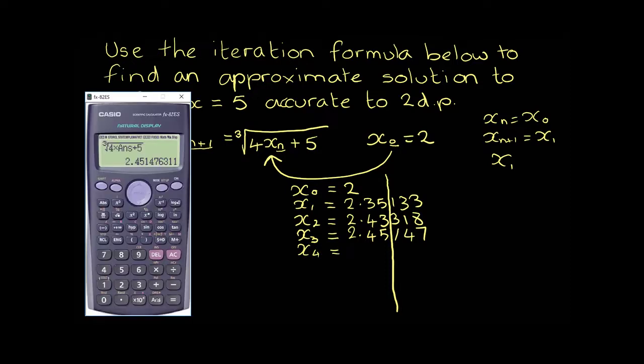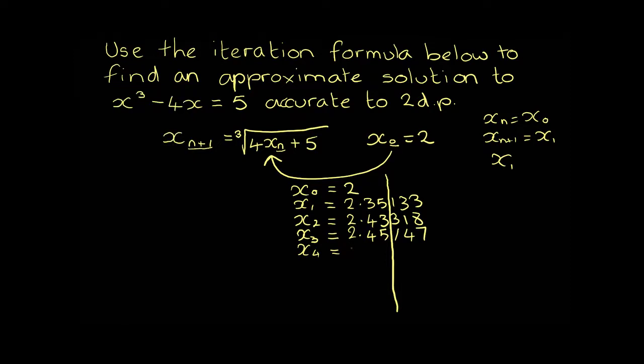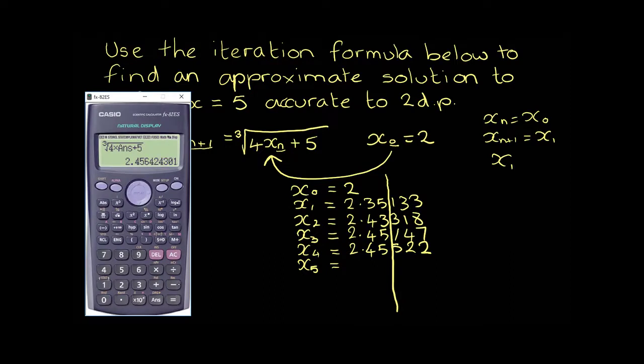So going back to get x4, 2.45552. So we're beginning to get close, I think, but we need to go again. So x5, 2.45642.